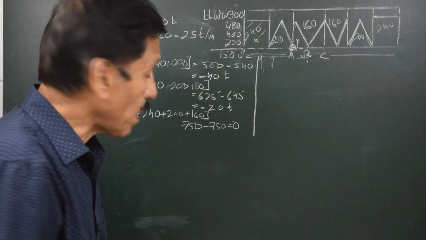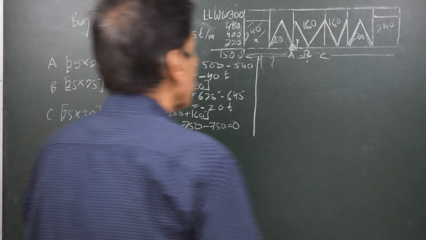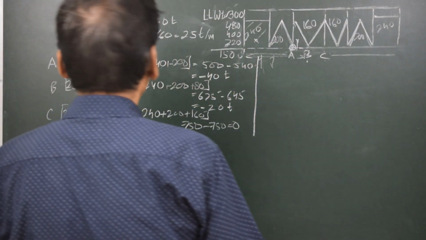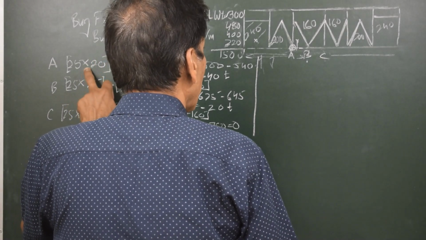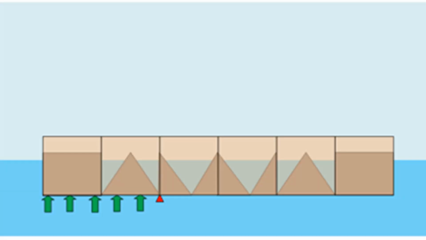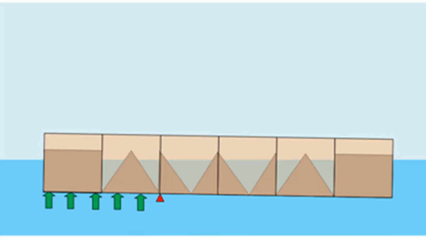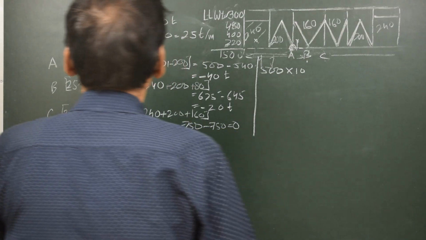Clockwise moments to the left are positive. So let us look at the moments that are caused. The upward moments are going to be caused because of the buoyancy force, that is 500 multiplied by, now we are talking about this point, 500 multiplied by the 10, right?